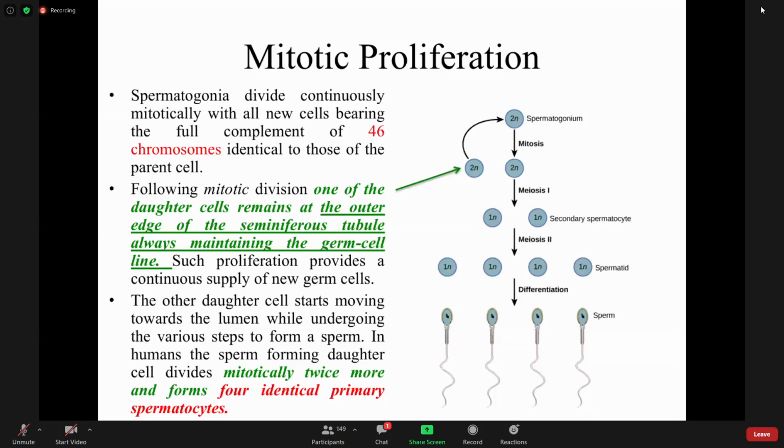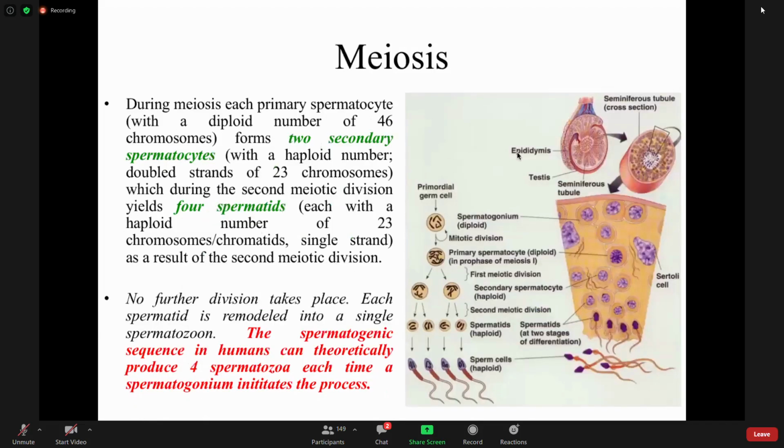After the mitotic division is completed, meiosis happens. During the first meiosis, I will have a primary spermatocyte with 46 chromosomes, which gives a haploid double strand of 23 chromosomes.